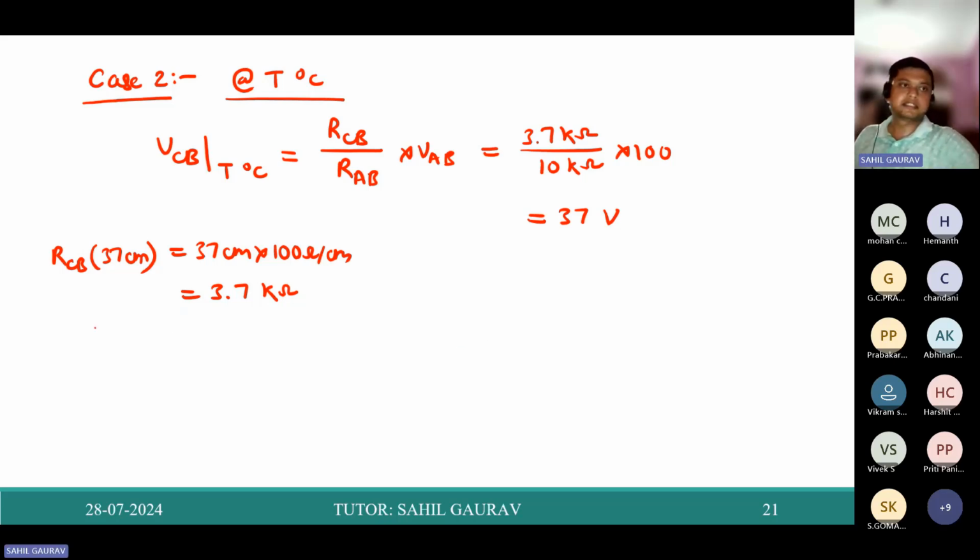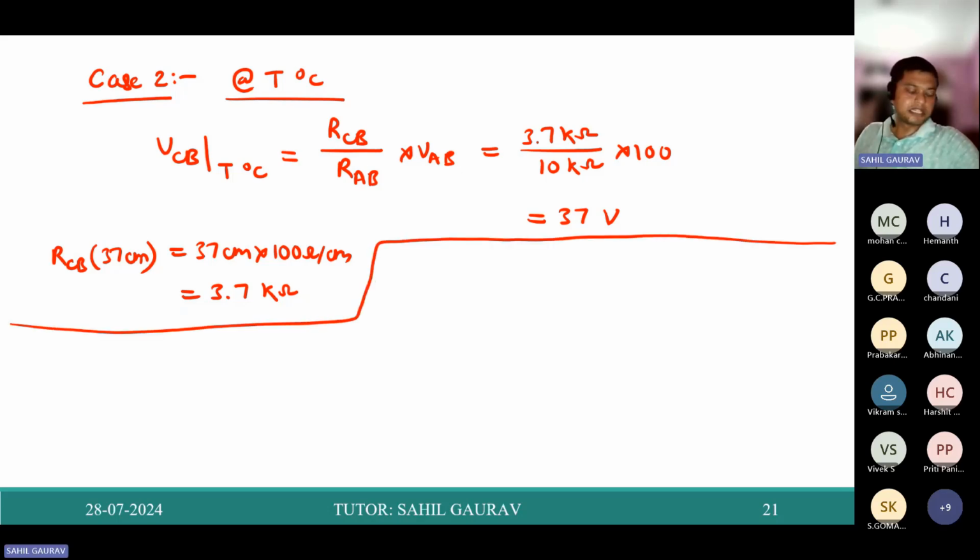Now we will use the temperature coefficient for the open circuit voltage. We know that alpha V is change in VOC upon VOC at 25 degrees Celsius upon delta T, into 100.